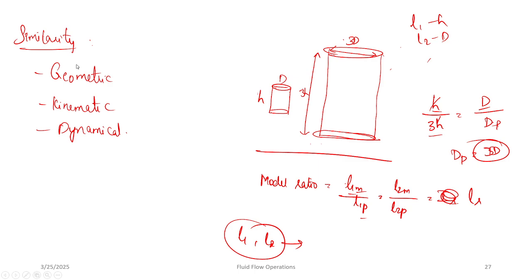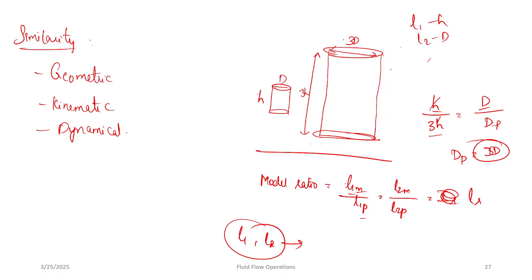And coming to kinematic similarity, it is a similarity of motion. So the ratios of all corresponding lengths and times, which gives velocity, in model and prototype should be equal or the same. Okay, so that means both model and its prototype must undergo identical time rates of change of motion.